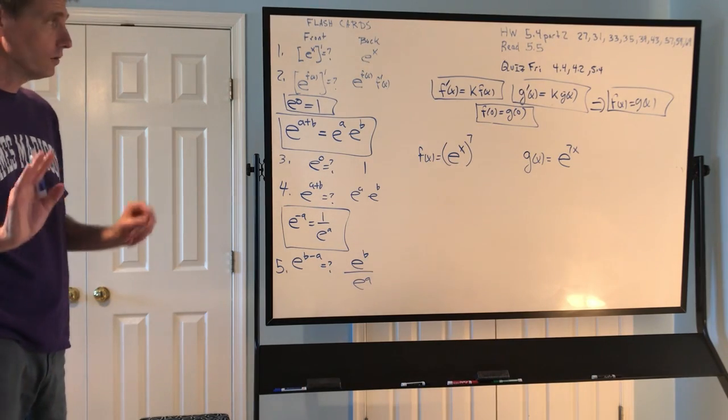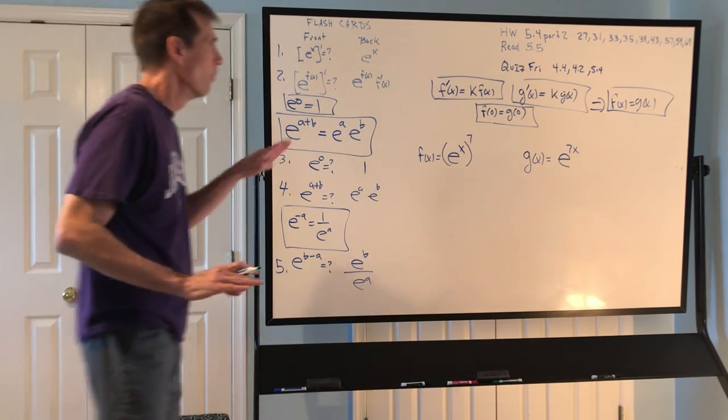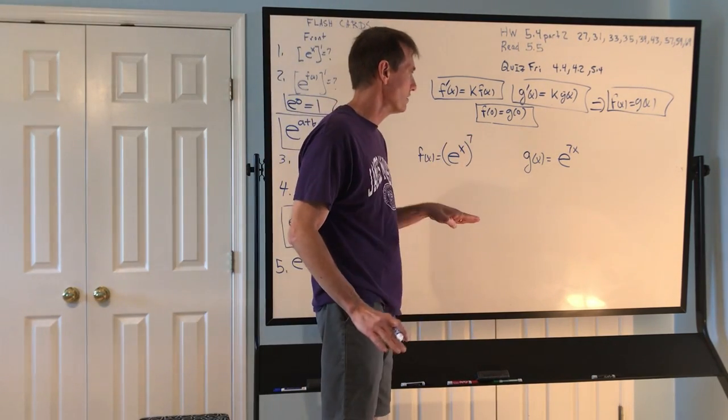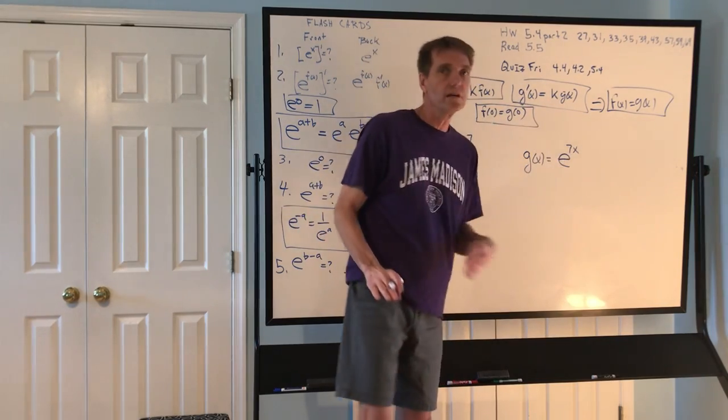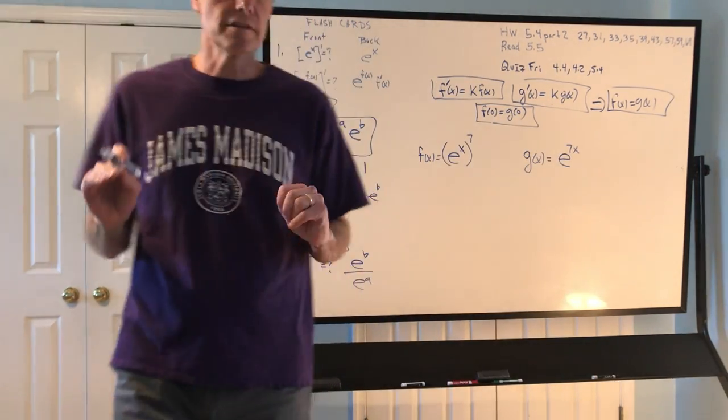I want you guys to look at those. Those are 2 functions. One is e to the x raised to the 7th, and the other one's e raised to the 7 times x.